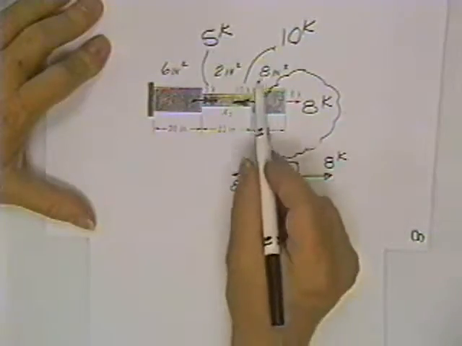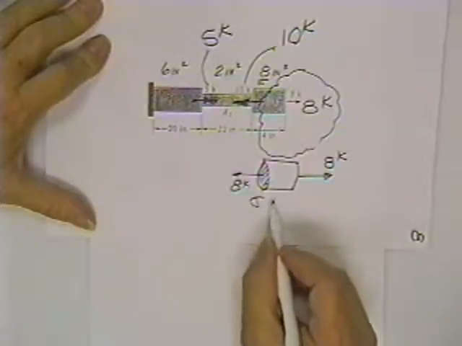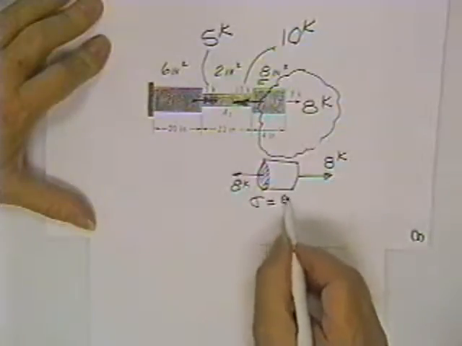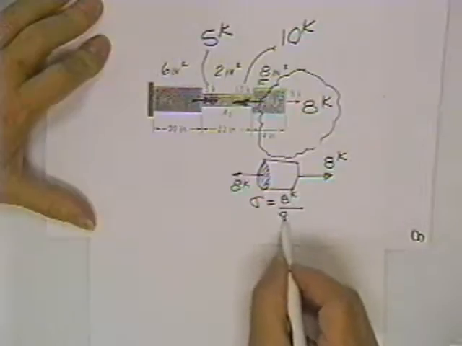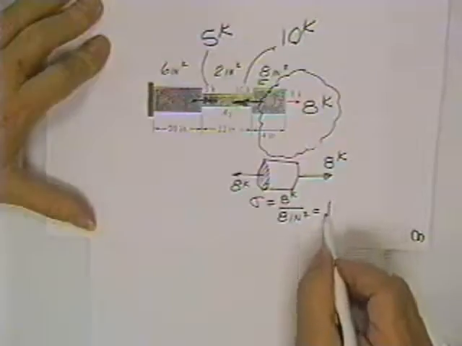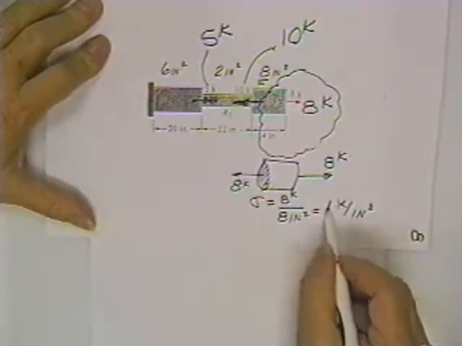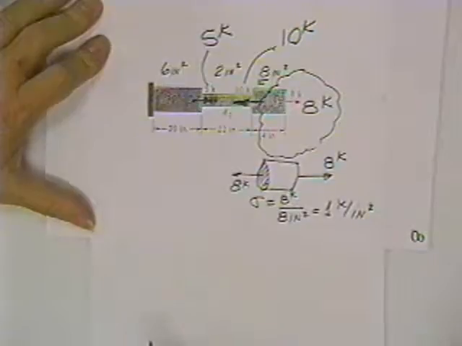The cross-sectional area is said to be 8 square inches. That makes it easy. So the stress in the first section is load divided by area, 1 kip per square inch, or 1,000 pounds per square inch.